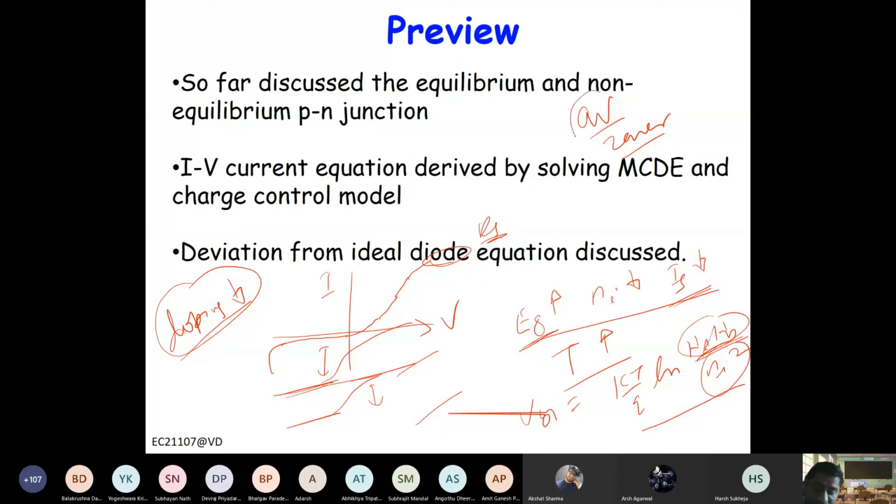But if you see the fundamental difference between these two mechanisms, in avalanche, what is happening? These carriers are getting energy and hitting the crystal somewhere and creating electron hole pairs.